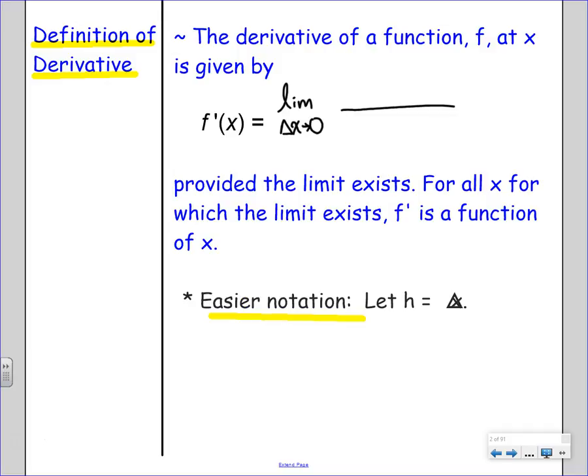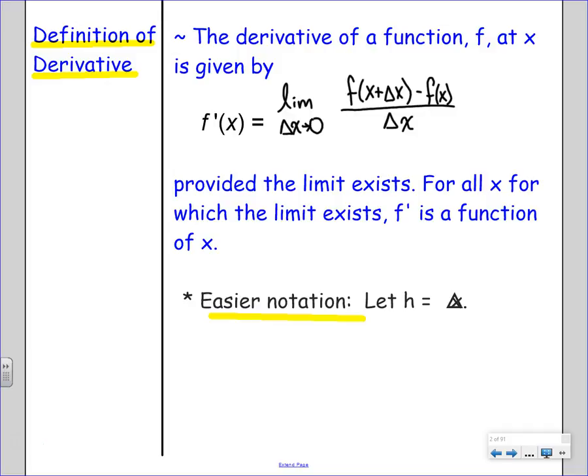And we also talked about the difference quotient earlier this year. On top, it's just a y2 minus a y1. It's kind of crazy notation. But it is a y that is a little bit away from the x minus the y at the x, all over change in x.